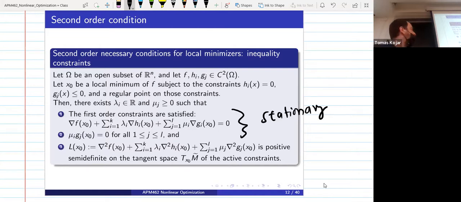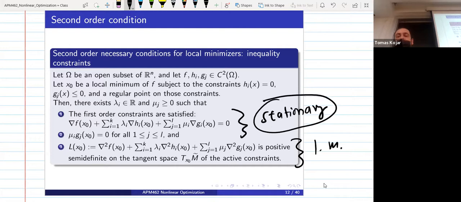So you always need local convexity to get a local minimum. Just because you showed something is stationary doesn't mean it's a local min. You need this condition to get a local min. This one will give you all the candidates. This one will tell you which of the candidates are the local mins. You parade them.